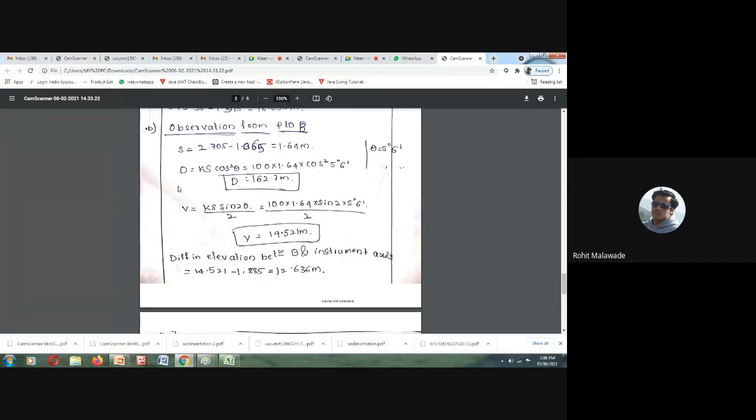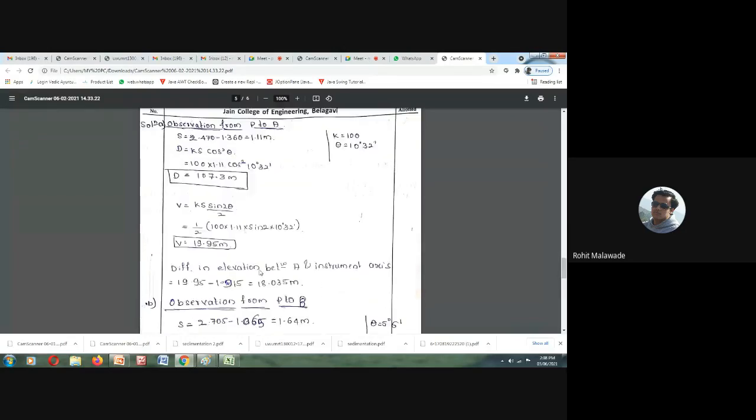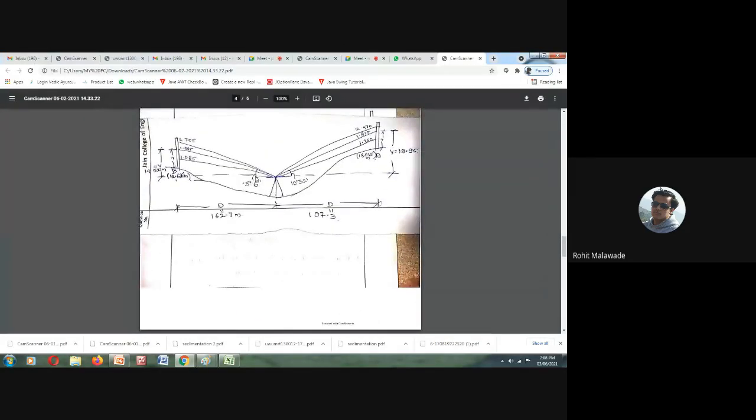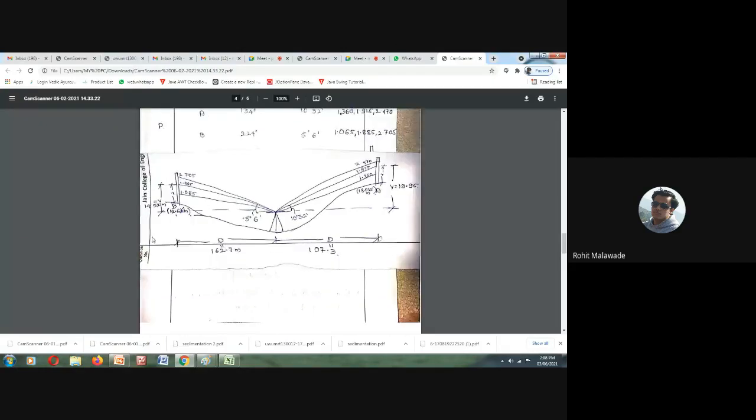Then D is equal to Ks cos square theta, K is 100, S is 1.64, and theta is 5 degrees 6 minutes. So we get the distance D between this and this as 162.7 meters.